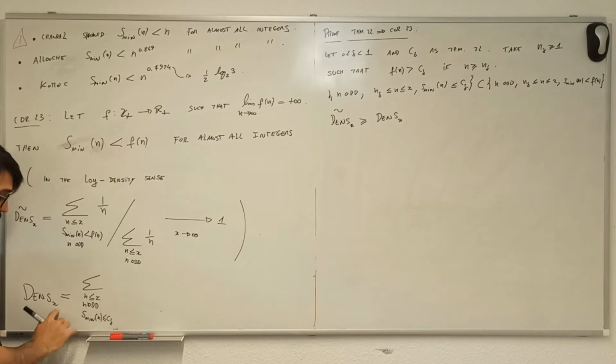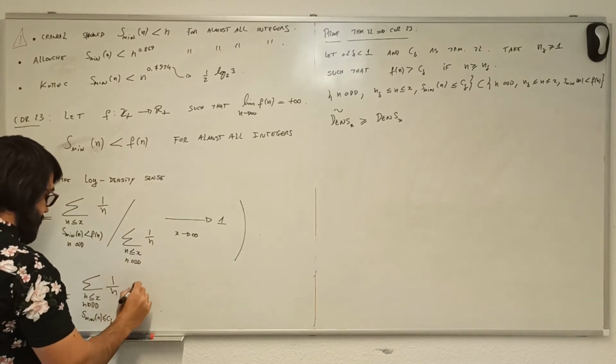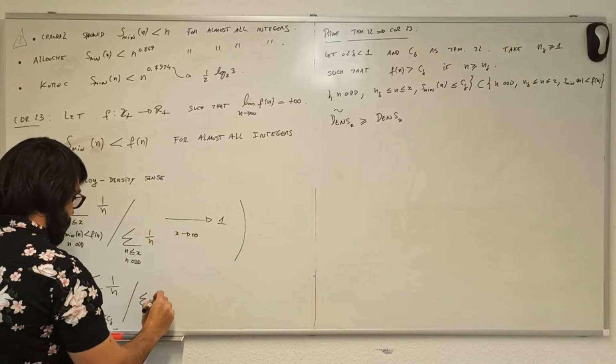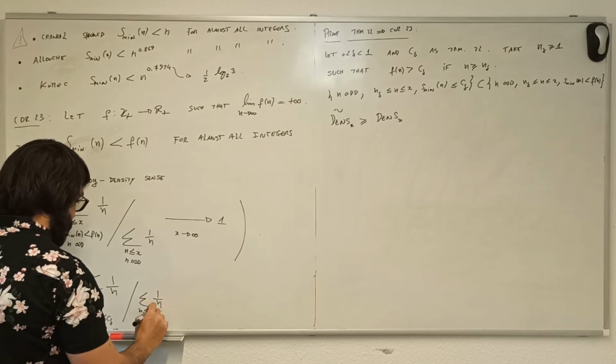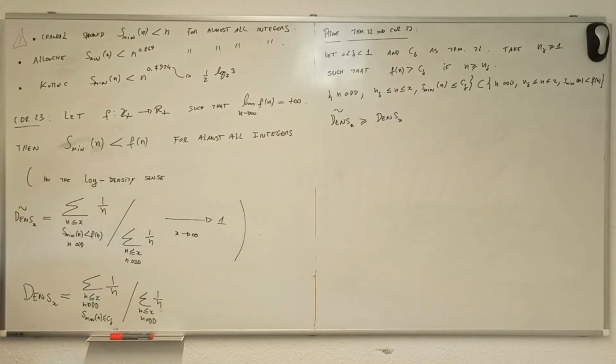So the density x depends on delta, and this is just 1 over n, for n less or equal than x, n odd.